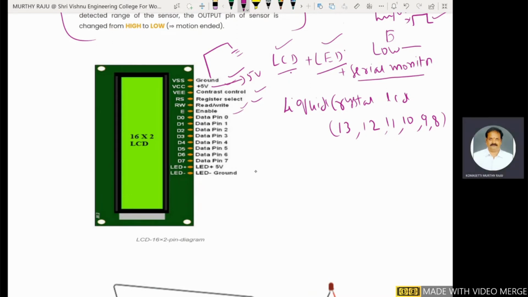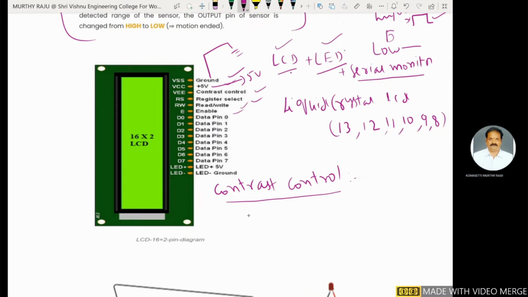This is the contrast control. In this program, instead of a potentiometer, the contrast control pin of the LCD is connected to one of the pulse width modulation pins of the Arduino board. 6 pulse width modulated pins are there in the Arduino board.